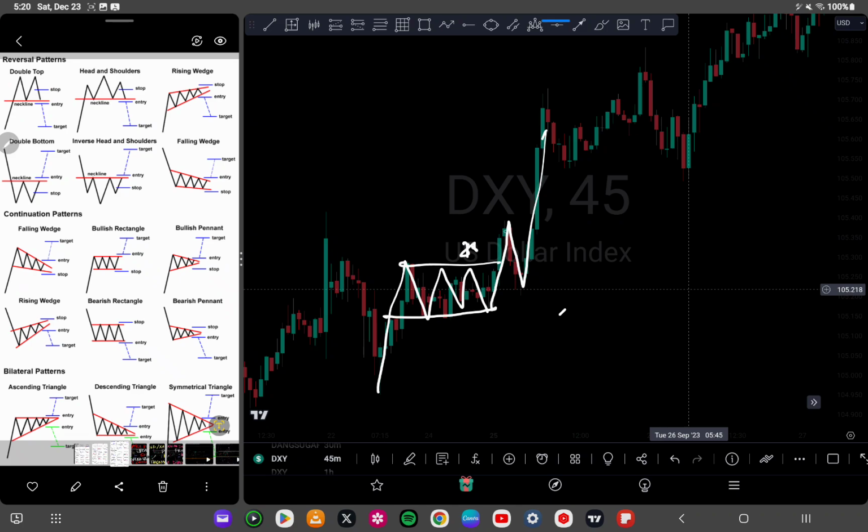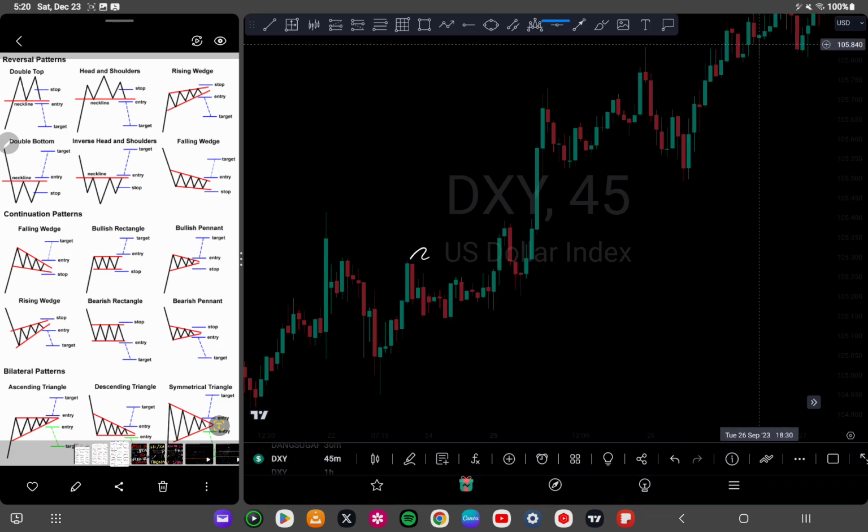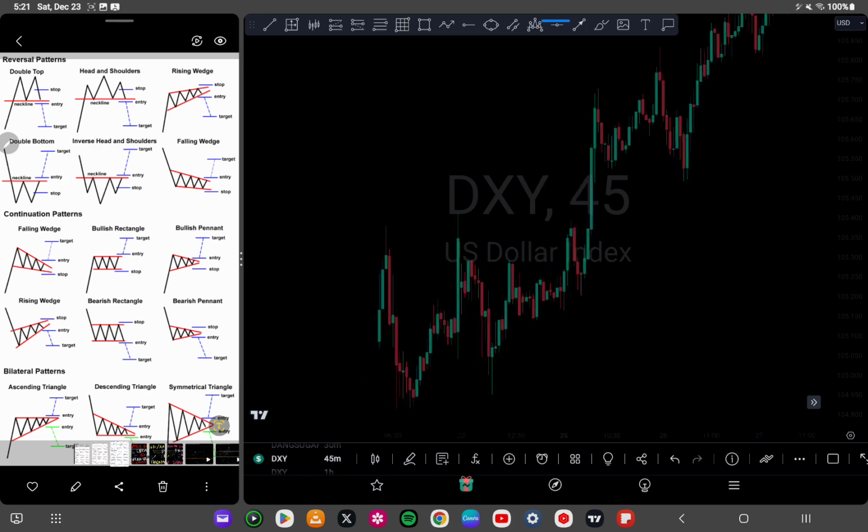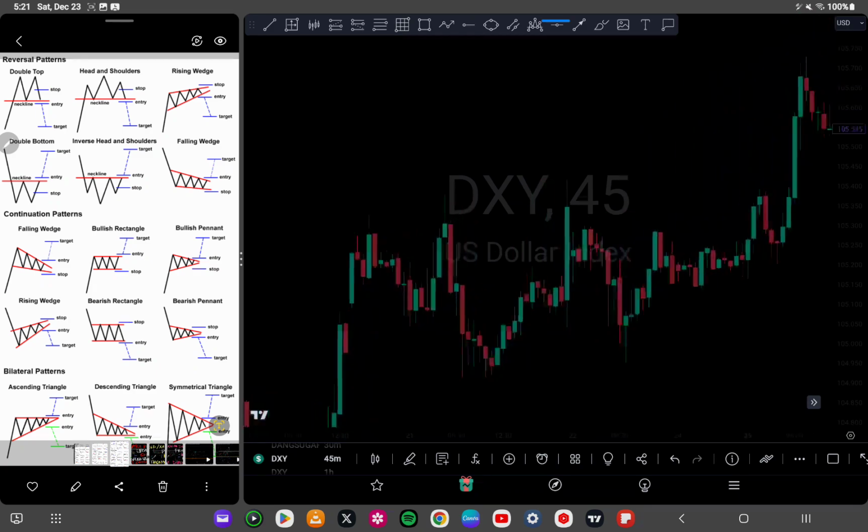It broke structure, gave us a higher high and continued to push to the upside. So it's not as clean as we see it, but this is considered a rectangular pattern. An impulse, a rectangular pattern, then push to the upside, right? It gave us the retest and continued. We can see it give us this higher low right here to continue to push to the upside. So that's one example of a rectangular pattern.